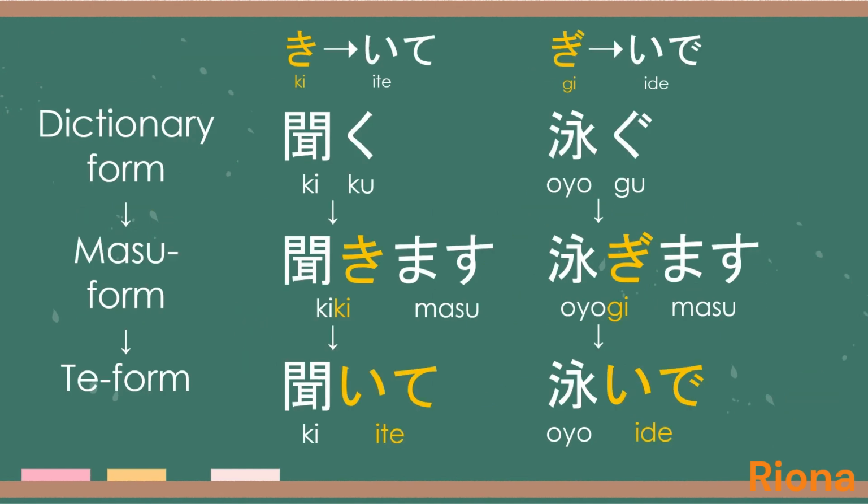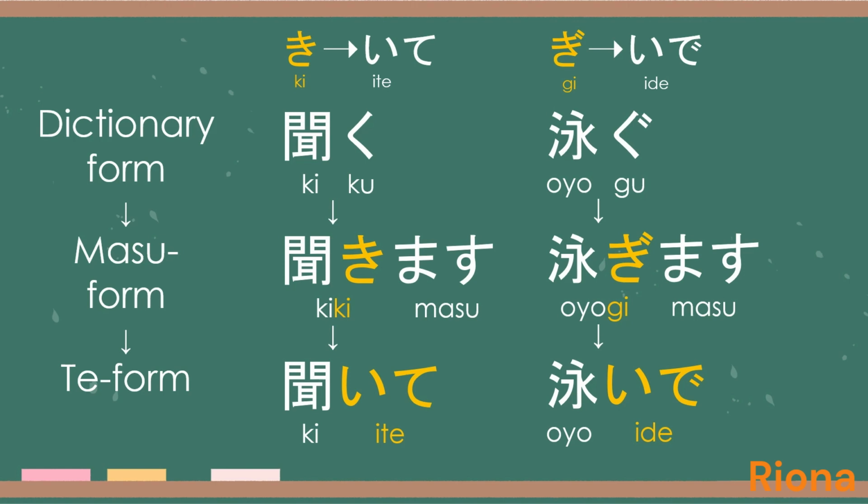For example, in the case of kikimasu, which is the mas form of listen, kiku, the character before mas is ki. So, by changing this ki to ite and removing mas, we can make it te form.